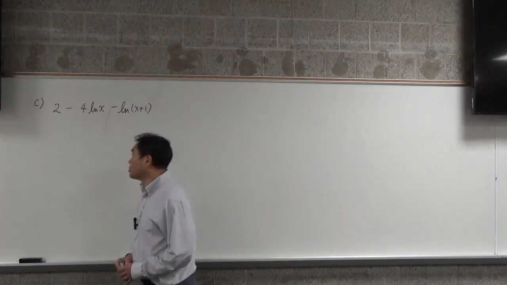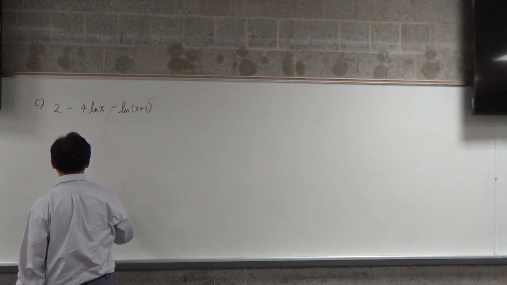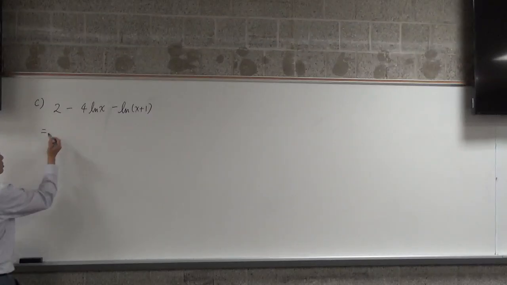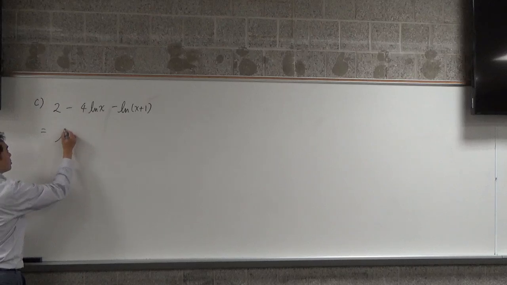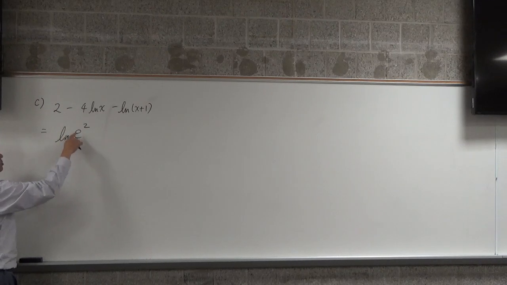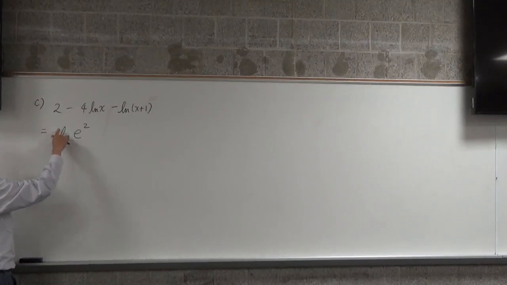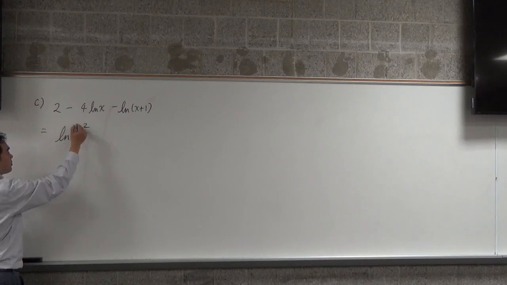Okay, I wish I could give you more time, but I have some other few things to cover, so let's do this. 2 is ln of e squared because ln and e cancel and give you 2 back. Okay. So you're rewriting 2 as ln of e squared. Okay.